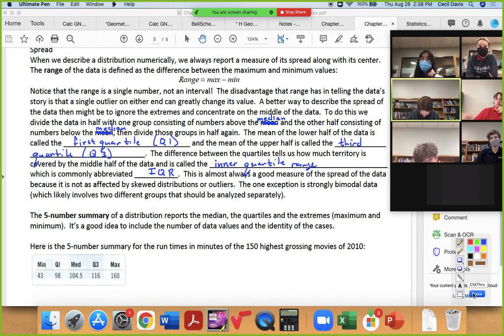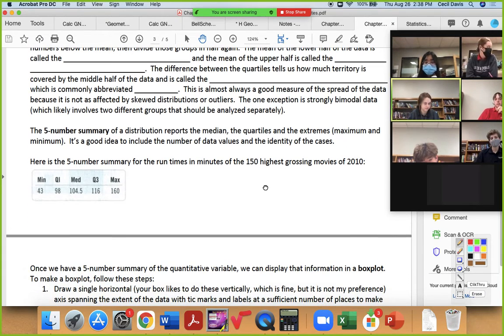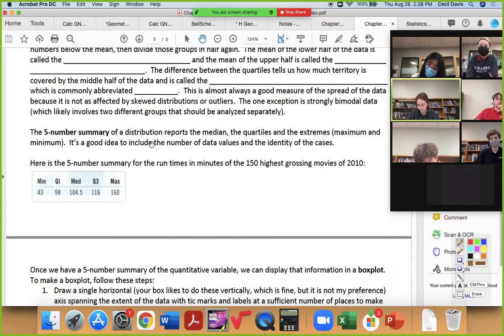So moving on, the 5-number summary is the median, the minimum, the maximum, quartile 1 and quartile 3. With this, it's also a good idea to include the number of data values and the identity of the cases. So here, this is a 5-number summary for the run times in minutes of the 150 highest grossing movies of the year 2010.